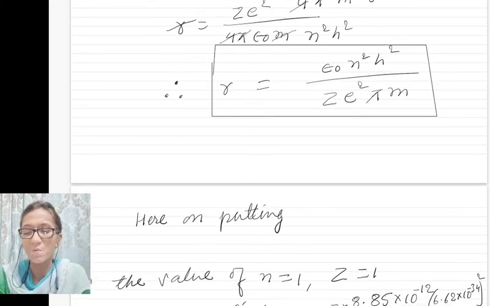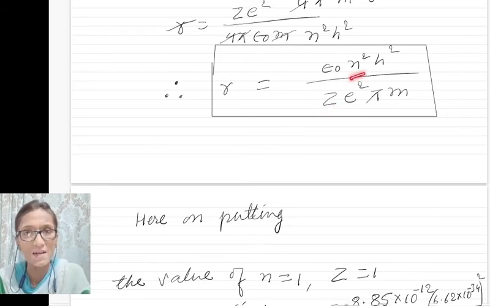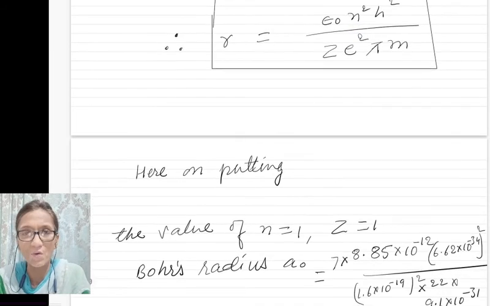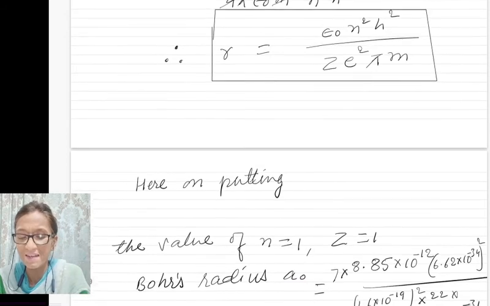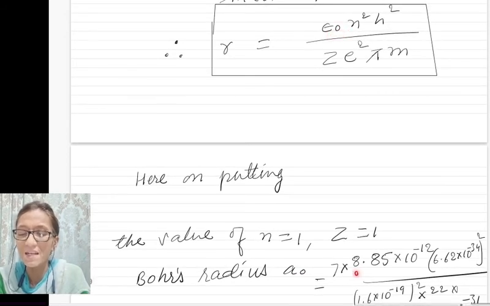So now for Bohr's radius, when you put value of Z equal to 1 and value of n equal to 1, Bohr's radius can be obtained. So Bohr's radius A naught is equal to epsilon naught, which has value 8.85 into 10 to the power minus 12.